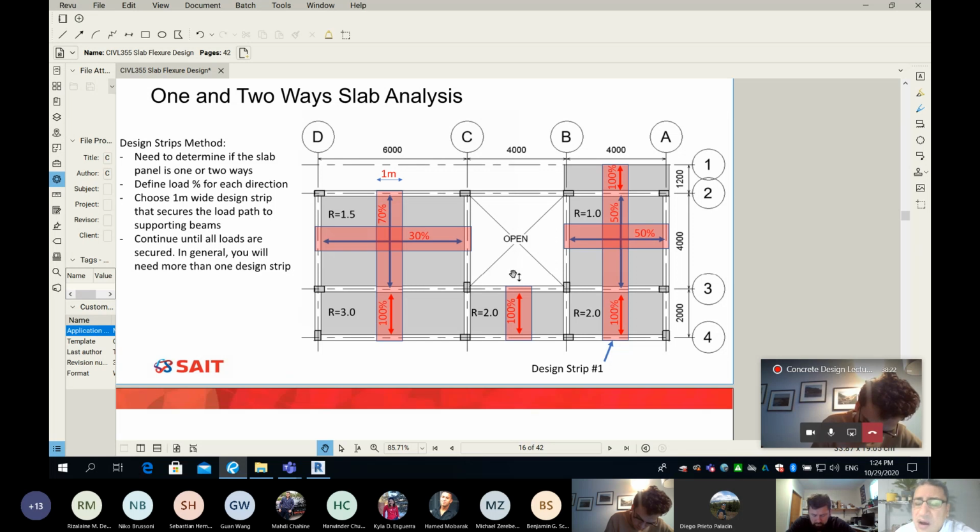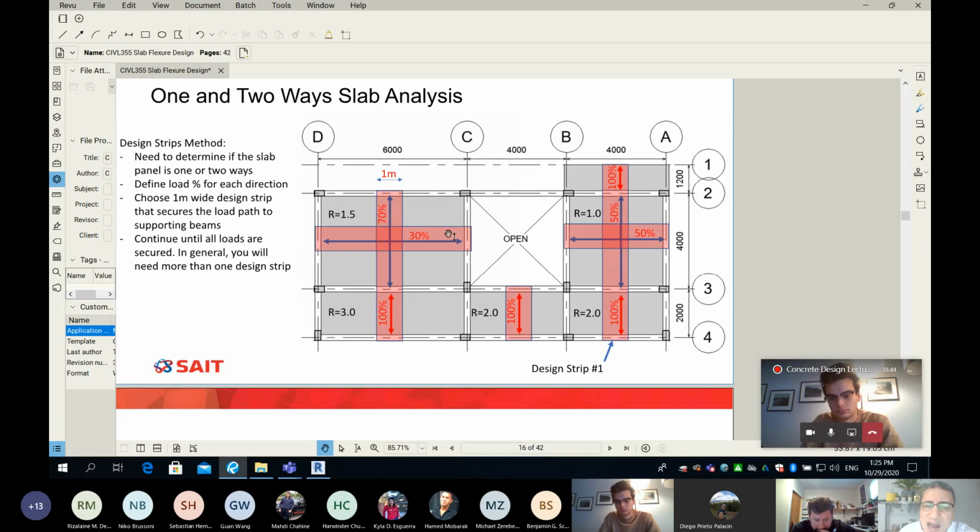When R is 2 or more, my slab is so elongated that one direction is very, very small compared to the other, and one direction is very, very strong compared to the other, so it will absorb 100% of the load. That's not very difficult, huh?